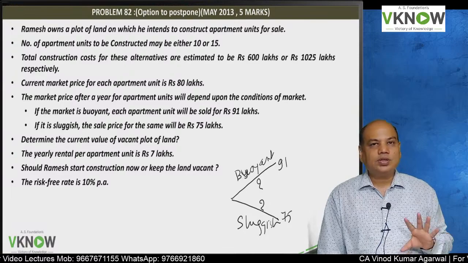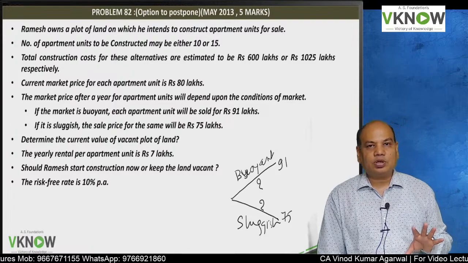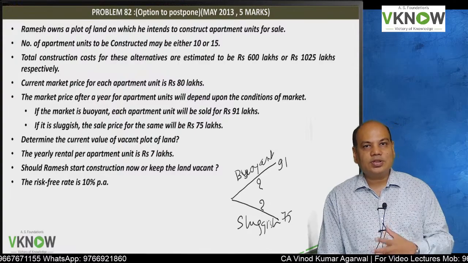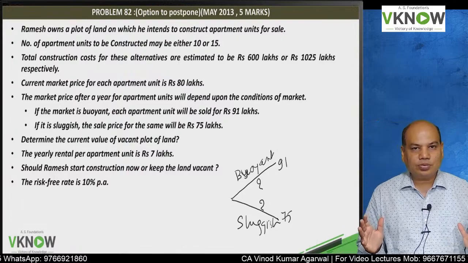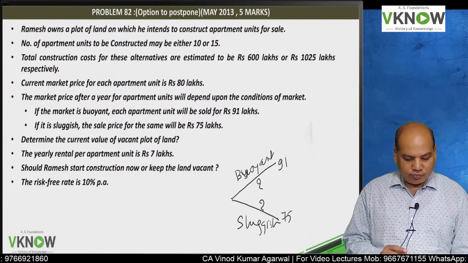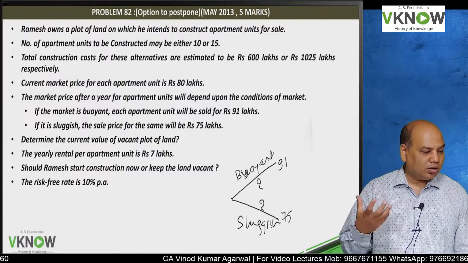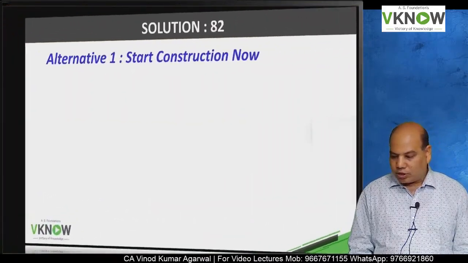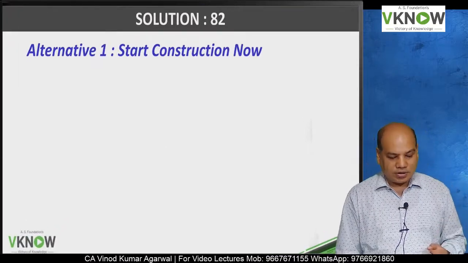So this institute has mixed two chapters. One, the derivative option valuation model, where we learn the probabilities of rise and fall, and this chapter where we have to learn to take decisions whether to construct now or after 1 year. So very good question, because you will have to also apply risk neutral model to get the probabilities. Is it right? So write down the answer please, and I will explain again and again while writing the answer.